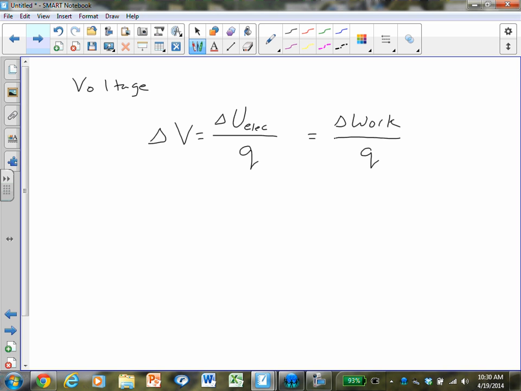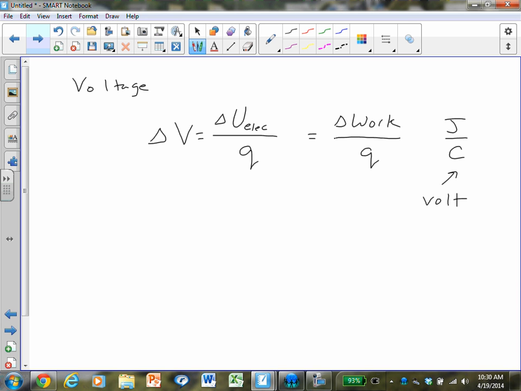And the work is in joules, so the units would be joules per coulomb, and this is also called a volt. Of course, you've heard about 6-volt batteries or 12-volt batteries, 1.5 volts.